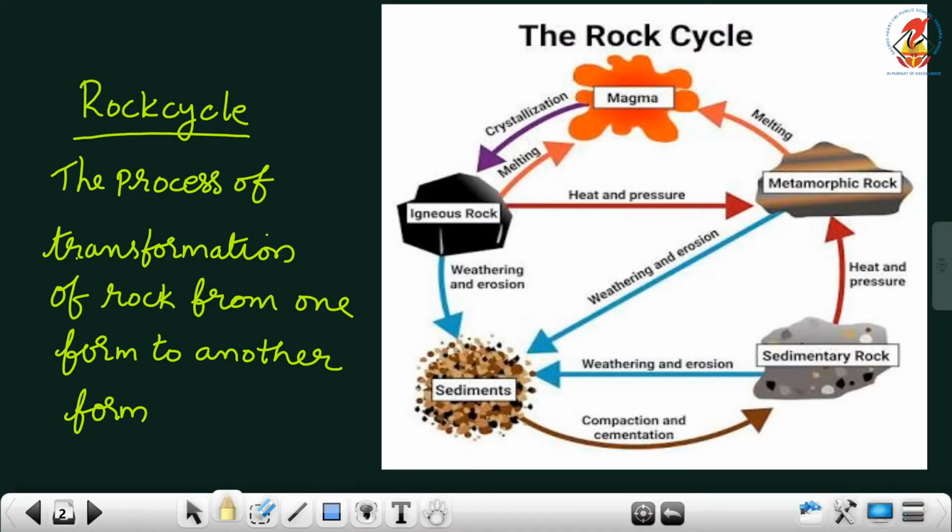A rock cycle is the process of transformation of rocks from one form to another. What do you mean by a rock cycle? It is the process of transformation of rock from one form to another form.